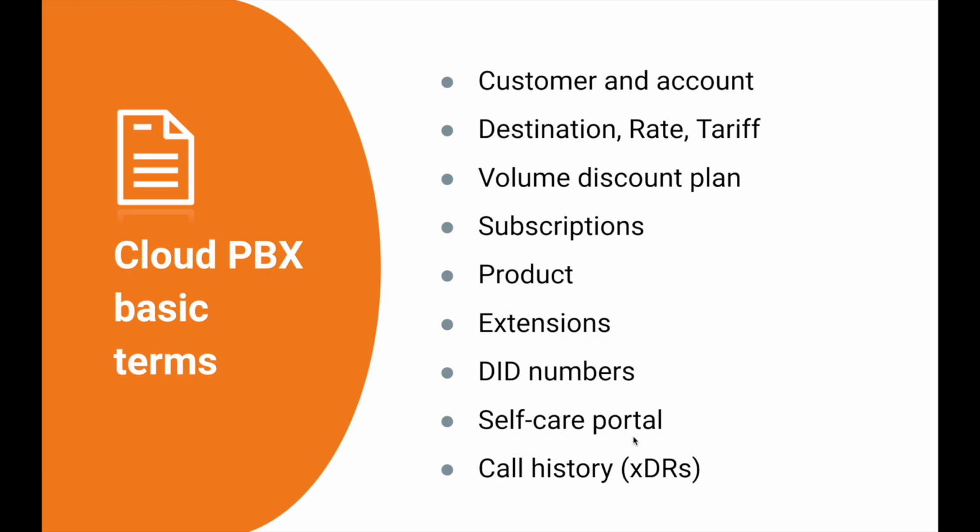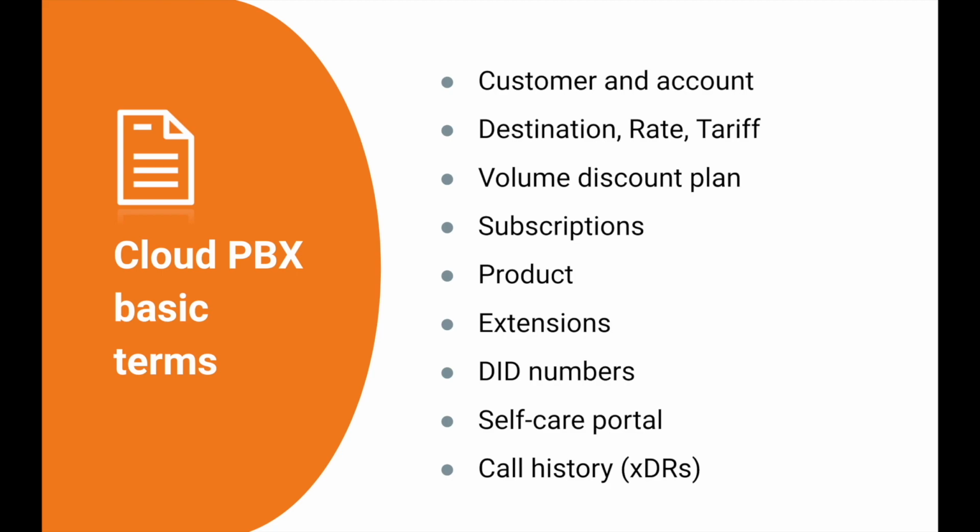Next, we created the Basic Cloud PBX product and included tariffs, quotas, and subscriptions within it. The allowed services such as voice calls and their feature configurations such as call forwarding were also defined at the product level.